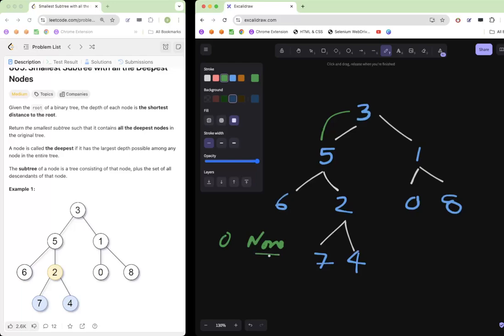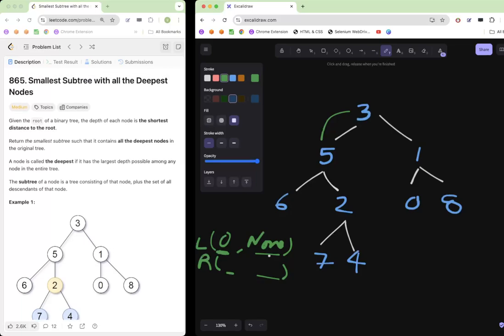Then for each, we'll exhaust the left side, we'll exhaust the right side, and then from those two results, which will be two tuples, one from the left, one from the right, we'll take whichever has the deeper height or the deeper level, and then continue on with whatever node is returned from that deeper level.